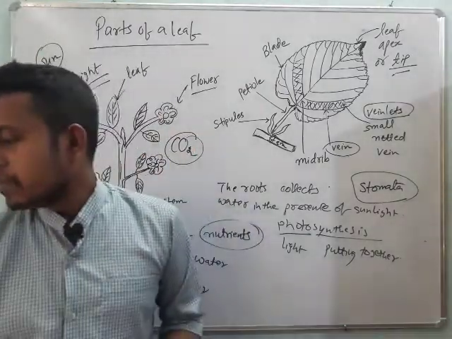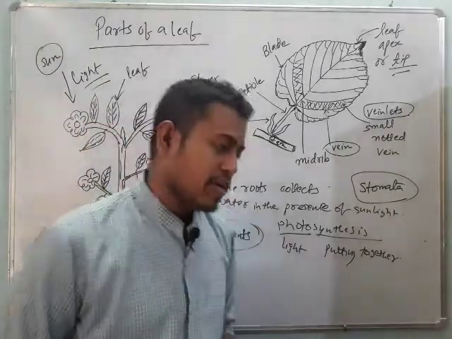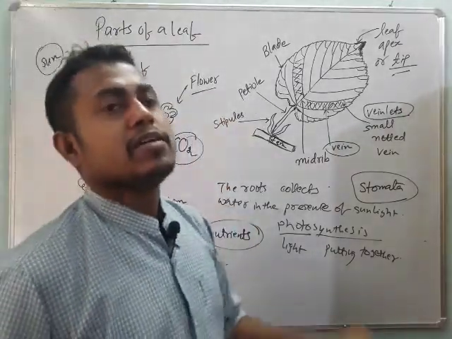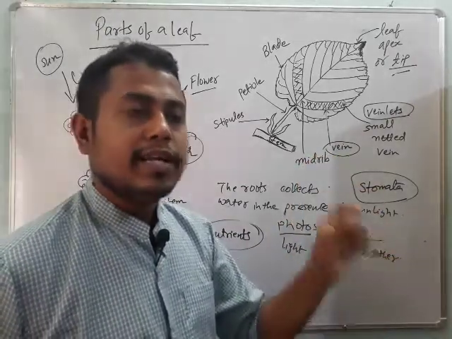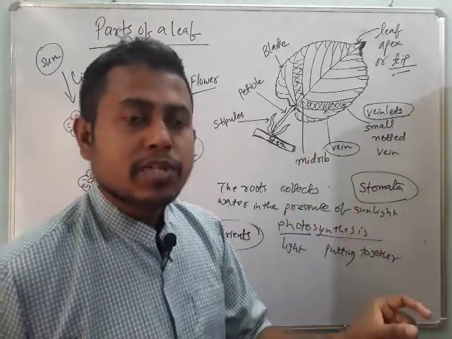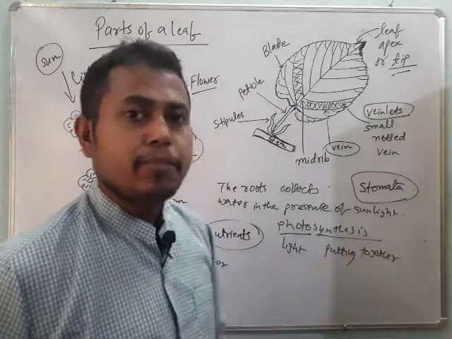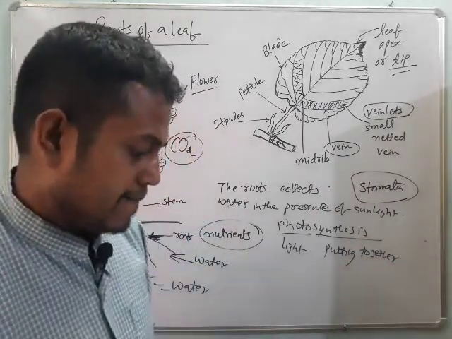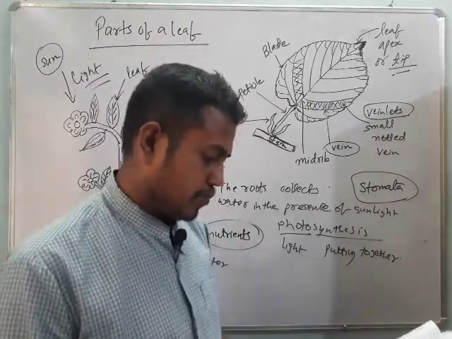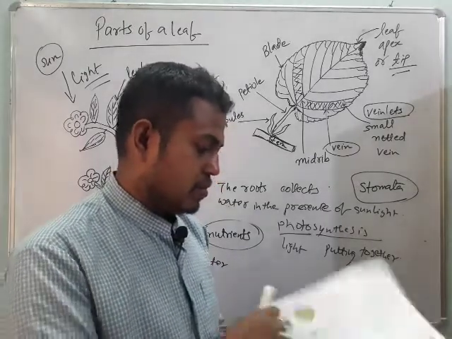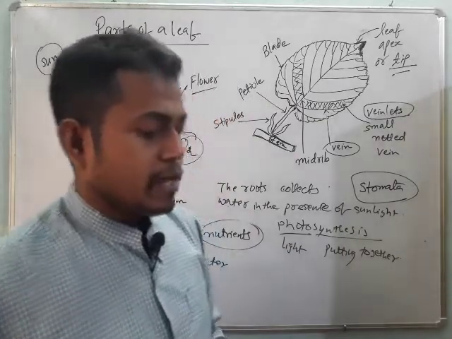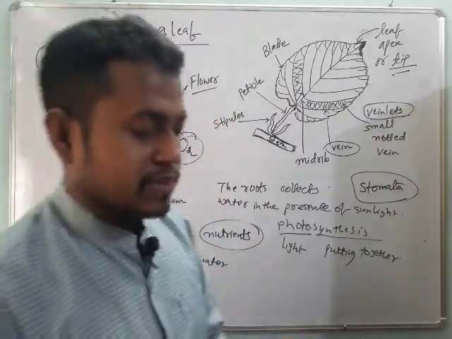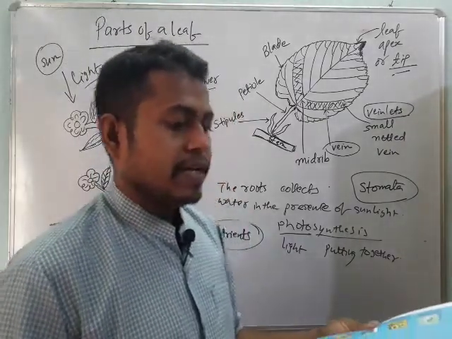This is all about how a leaf makes food. Leaves are responsible for preparing food for the plants. So this is all about this chapter, Looking Around Us.